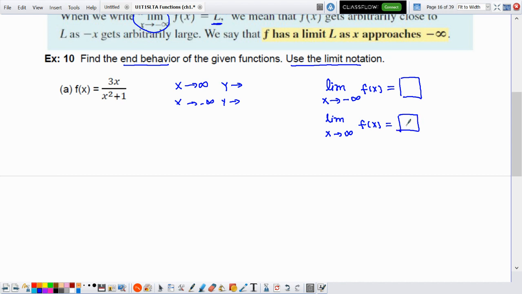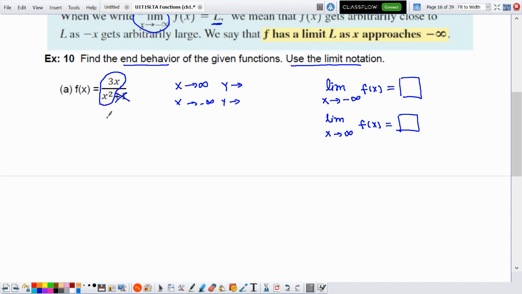Let's check here. X is a very large number, and you are dividing by that very large number squared. Adding 1 is not going to make a difference. So when x is going towards infinity or negative infinity, you only look at the leading terms.